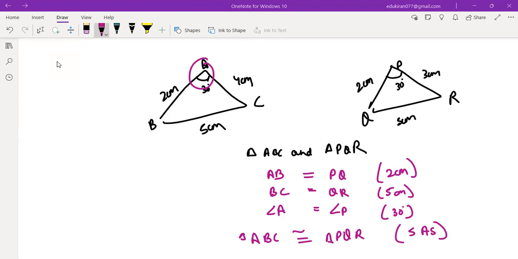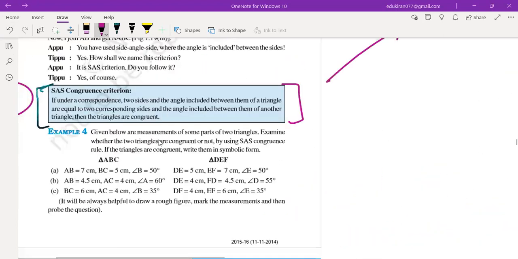Ma'am, I think this is done. She's not replying. Sindhu, can you hear me? Yes, ma'am. Sorry, I was writing. I'm done. Okay. Now here you go.